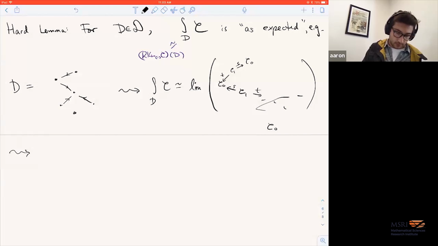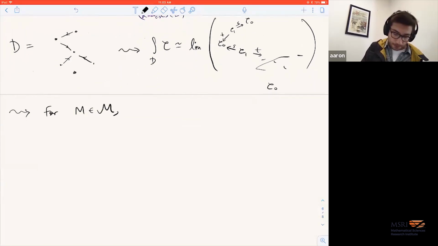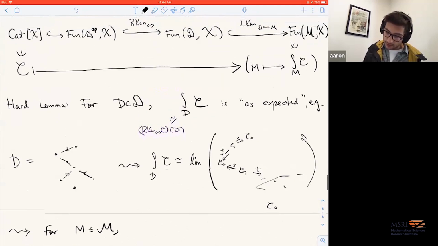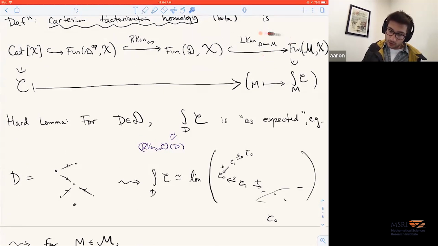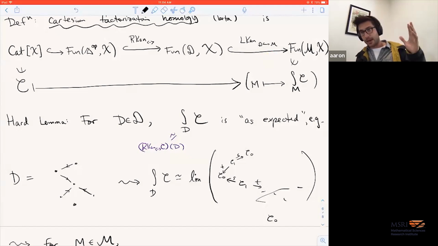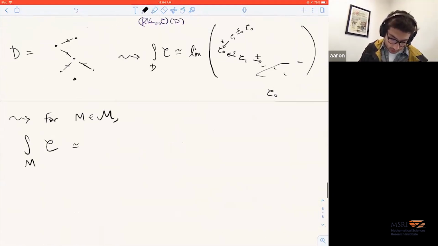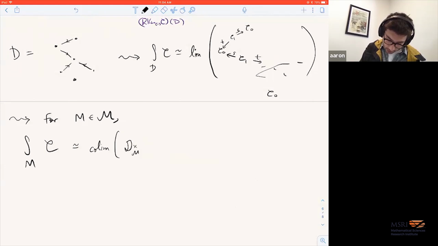So that allows me to describe better the factorization homology over an arbitrary object. For instance, the circle. The factorization homology over M of this category object C, well, just by definition, as a left Kan extension like this, it's the colimit over all possible maps from objects of D into this M. So this is this fiber product.